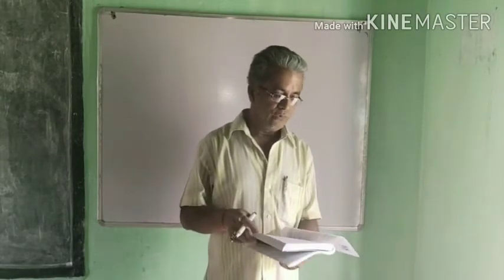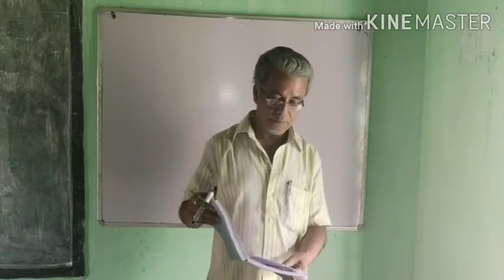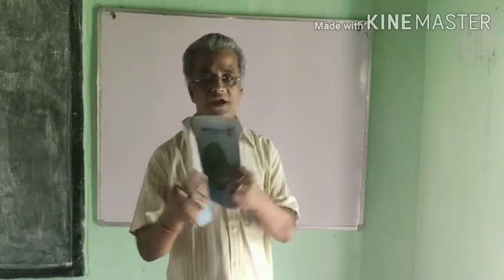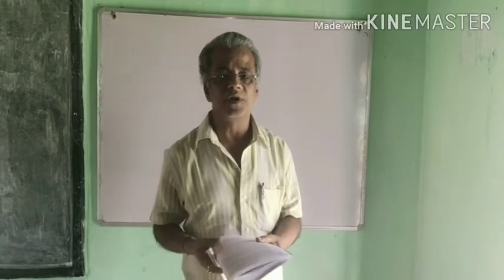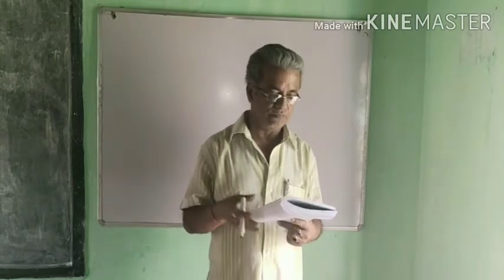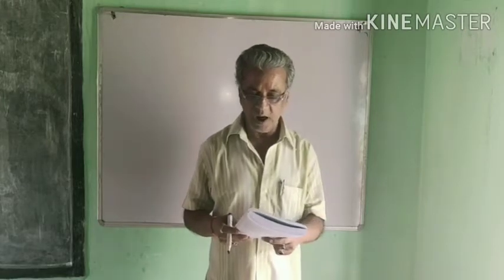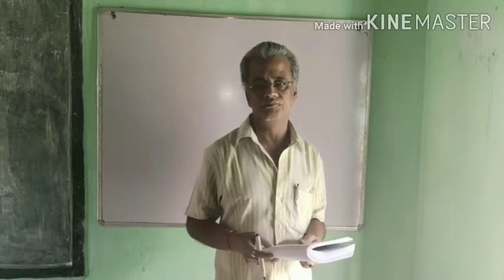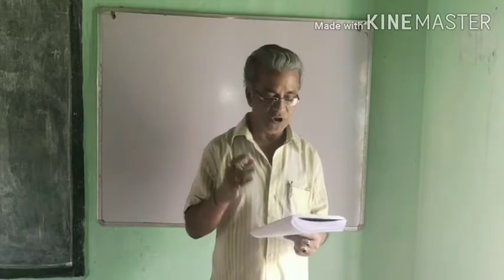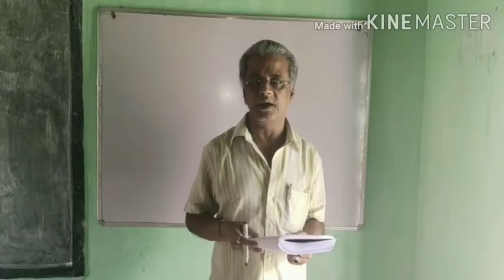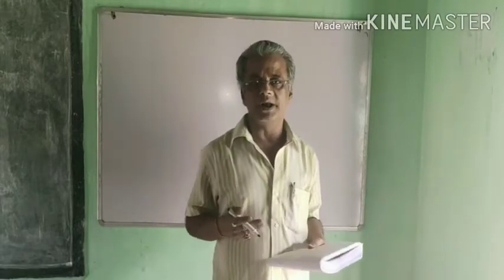Now we come to some axioms of Euclid. Euclid's axioms. Things which are equal to the same thing are equal to one another.